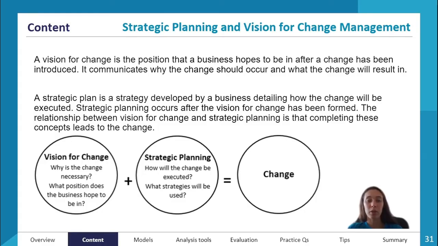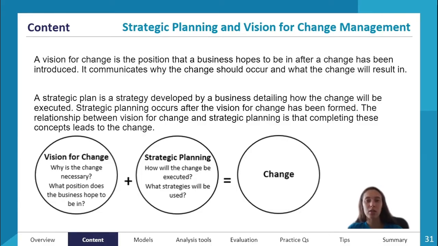And strategic planning occurs after the vision for change has been formed. Of course, you need to know what you are hoping to achieve before you can create your plan to make that a reality. So the relationship is that completing these two steps leads to the change, and the change that you envisaged from the start.